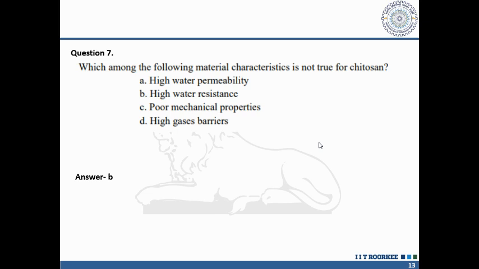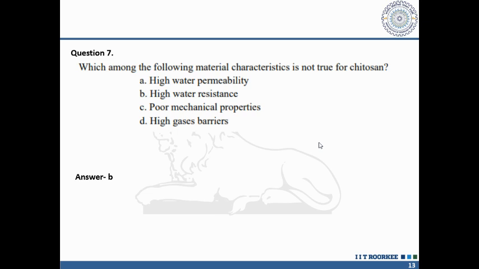Barrier means that it resists things going through. Suppose I have this tissue paper. If I put some water and it is not going through, it has high water resistance or water barrier property.